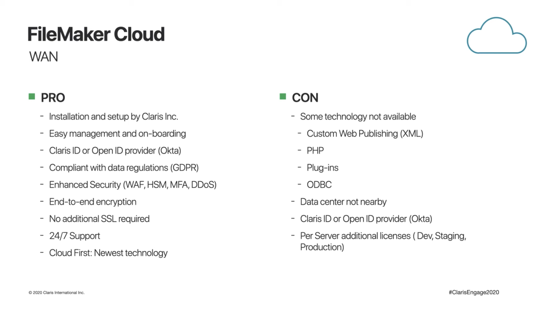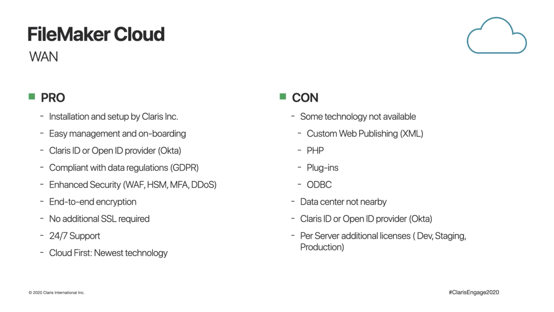So if you are in a company where you're working with a development environment, a separate staging environment, and a production environment, and you want to have these three environments separated in FileMaker Cloud, then you need three times the license for these environments. It depends a little bit on the policy you have inside your company.